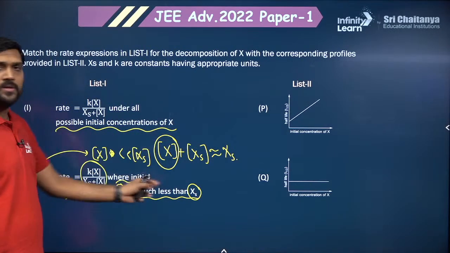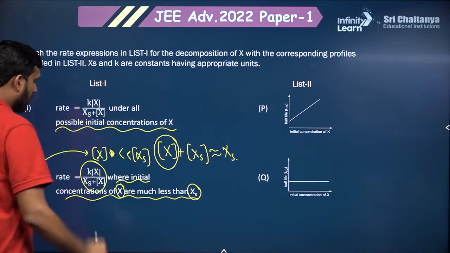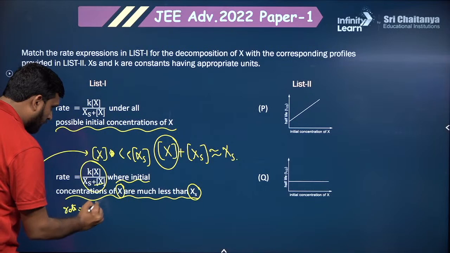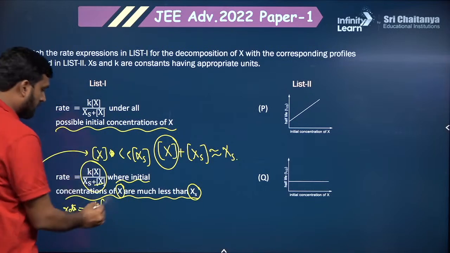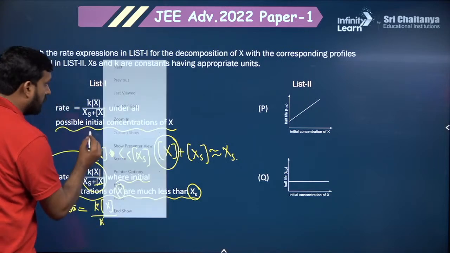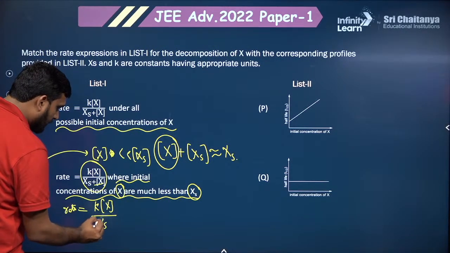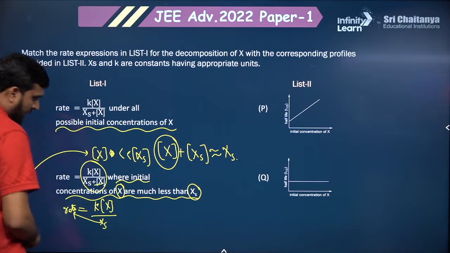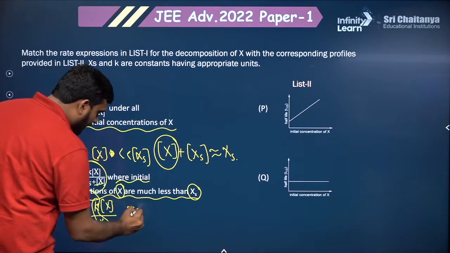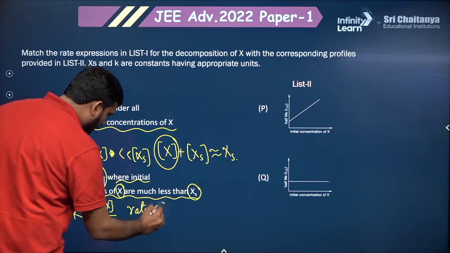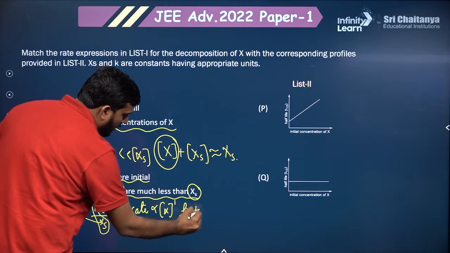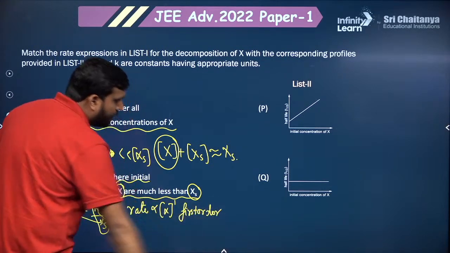If you substitute it here, the rate will be equal to K times X, and below that it will be XS. If this is constant, just multiply it here or adjust it with this. So now I can easily say that rate is directly proportional to X. So it's basically a first order reaction.